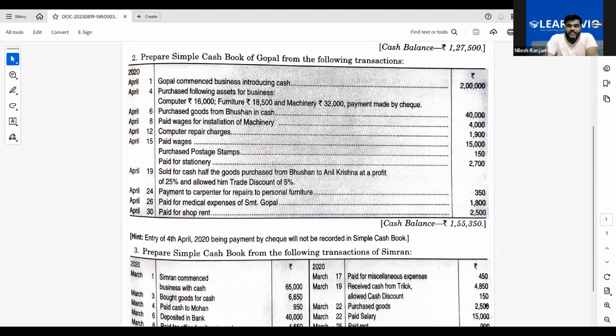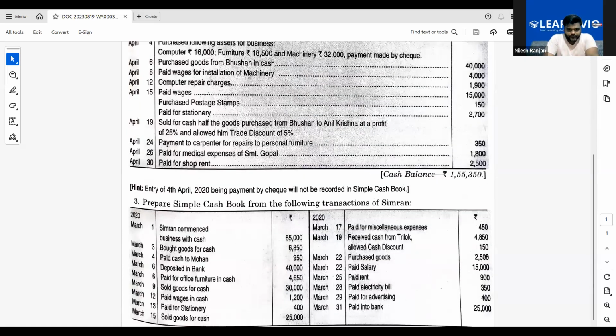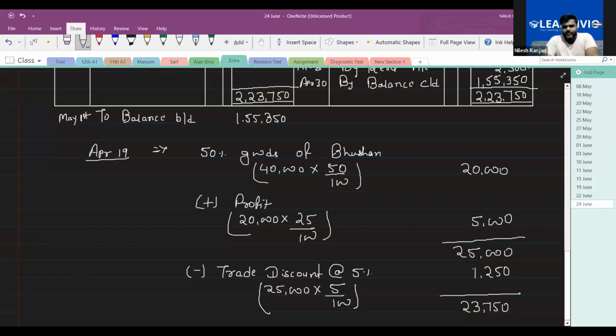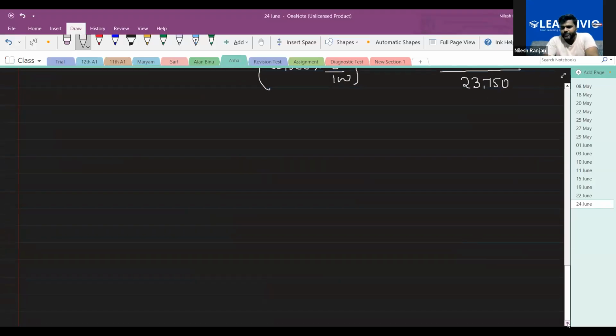Okay. So now we will discuss the double column cash book. Actually, we will not be able to solve some portion of double column because there are some topics we have to cover first. What is double column cash book?